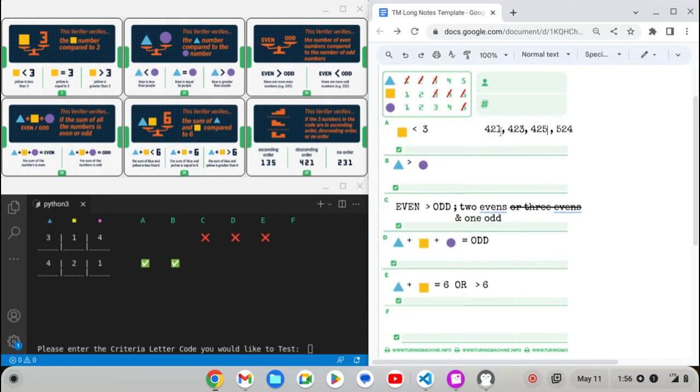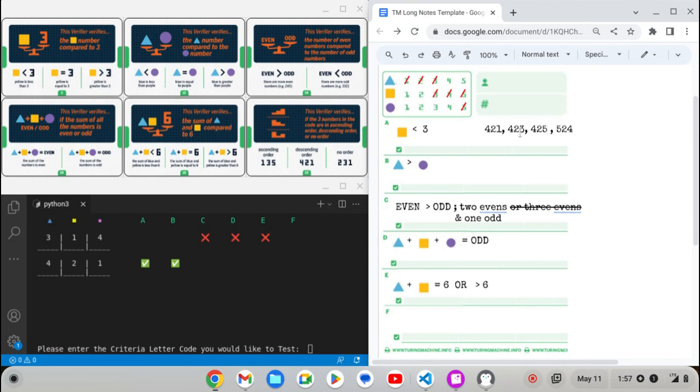So 4, 2, 1 is a bit distinctive in that it is decreasing, which is what I have, right? Actually, I have 4, 2, 1 as my proposal. And then 4, 2, 3 and 4, 2, 5. So it goes down from 4 to 2, and then with 3, it goes up. And similarly 4, 2, and then it goes up.